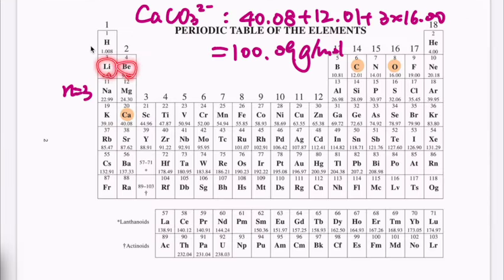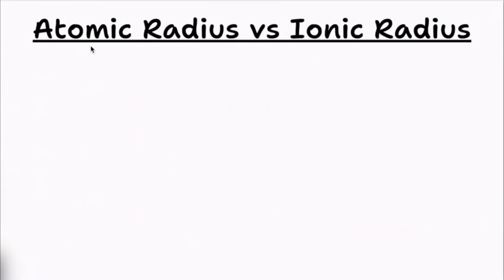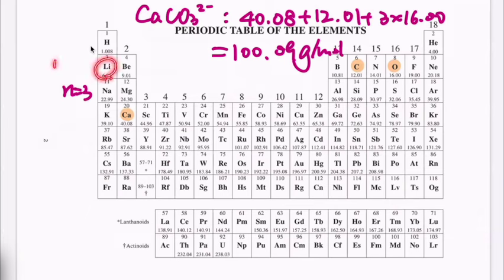In general, for alkali metals and alkaline earth metals in group 1 and group 2, when they form an ion, they usually form cations because they are losing electrons, which means the number of shells is actually decreasing. So let's say for lithium, its valence shell electron is on n equals 2. When it loses one electron, it decreases to n equals 1.